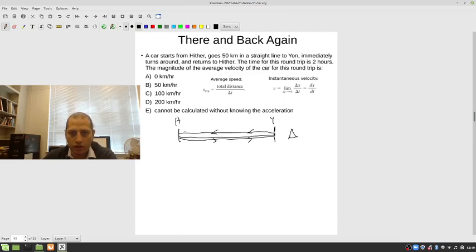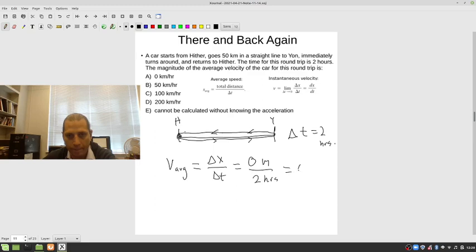So your delta t is 2 hours. The magnitude of the average velocity of this car trip is, well, your V average is going to be total displacement over total time, but you ended in the same place where you started, so that's going to be 0 meters over 2 hours. So for this particular question, that would be your answer.